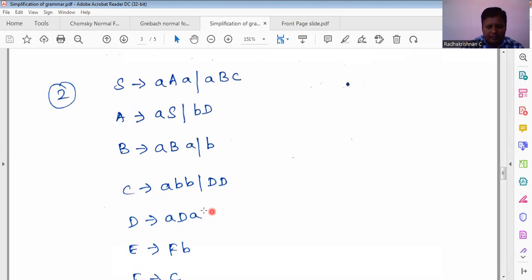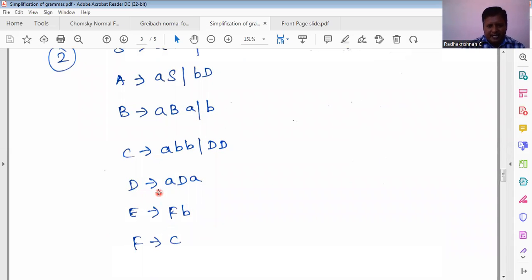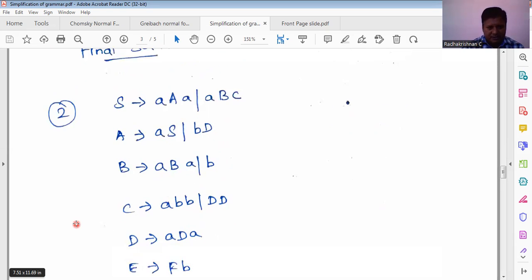For D, it is not possible to produce small letter characters, because D gives A capital D A. Again we replace A, D, A. Again we replace A, D, A. So there is no solution for capital D to be changed to small letter characters here. So D is a useless symbol.